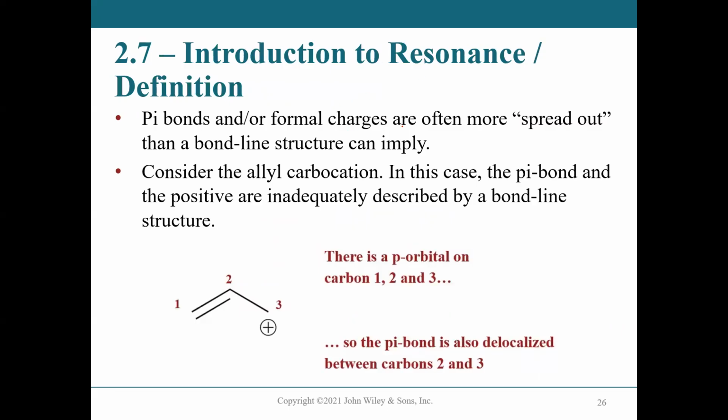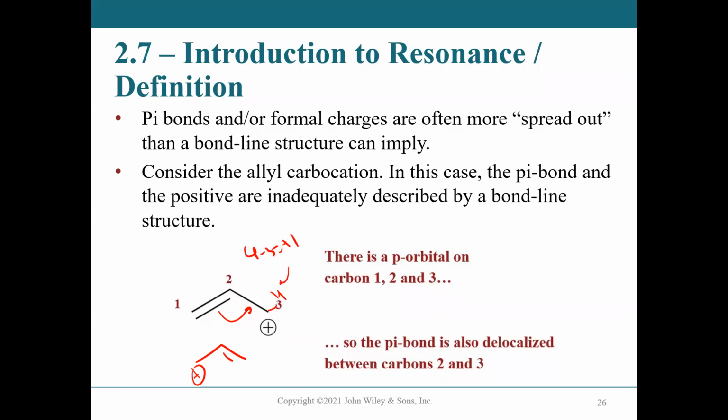Pi bonds or formal charge are often more spread out than a bond line structure can show. So this can jump over here like this, and now the positive charge is over here. If there's a positive charge here, that implies there's only one hydrogen, and then you have 4 minus 3 equals +1.